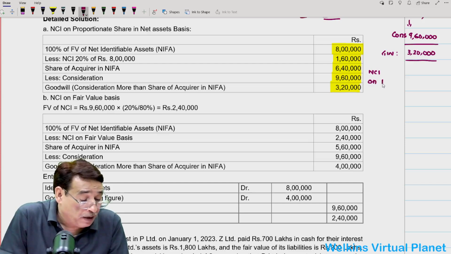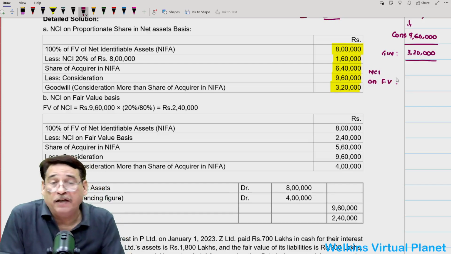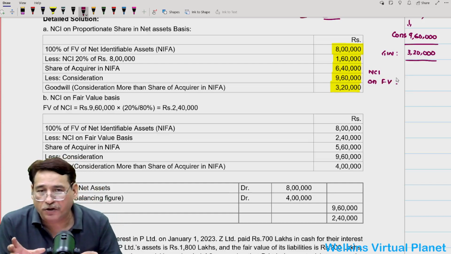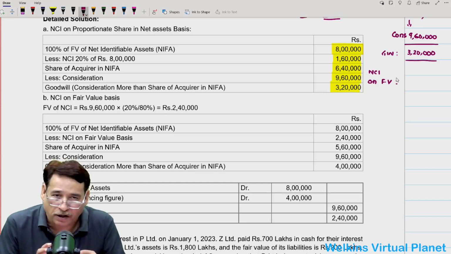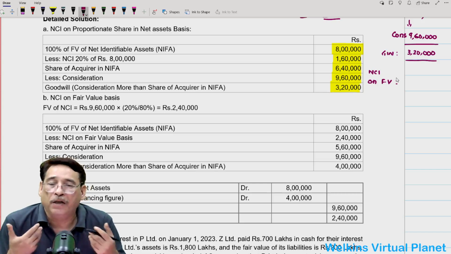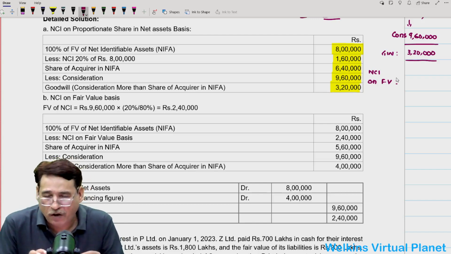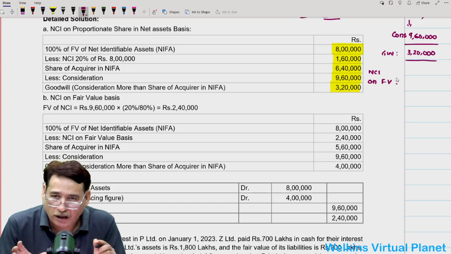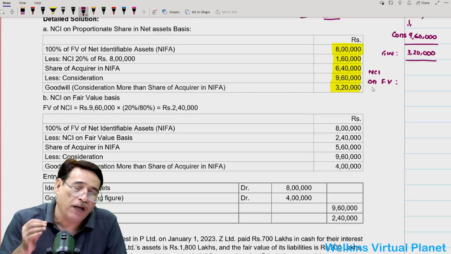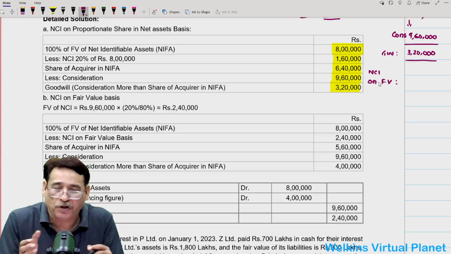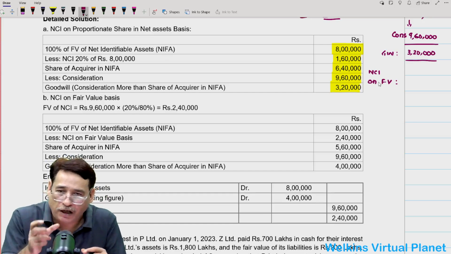It is the choice and discretion of the acquirer company, as per their will and desire, to value NCI on PSNA basis or fair value basis. Now suppose I would have taken NCI on fair value basis, what impact would it have had on the valuation of goodwill?